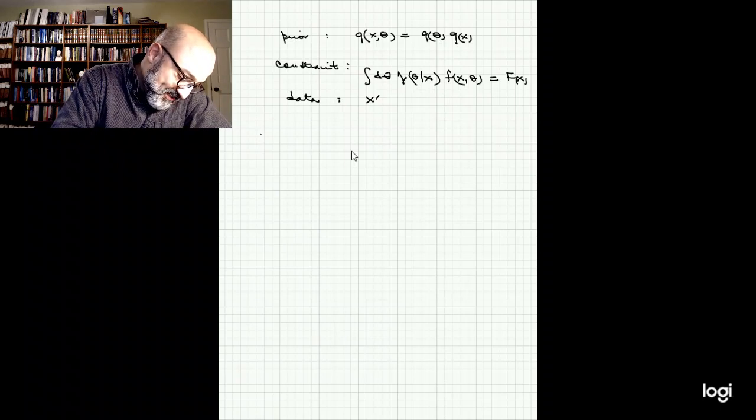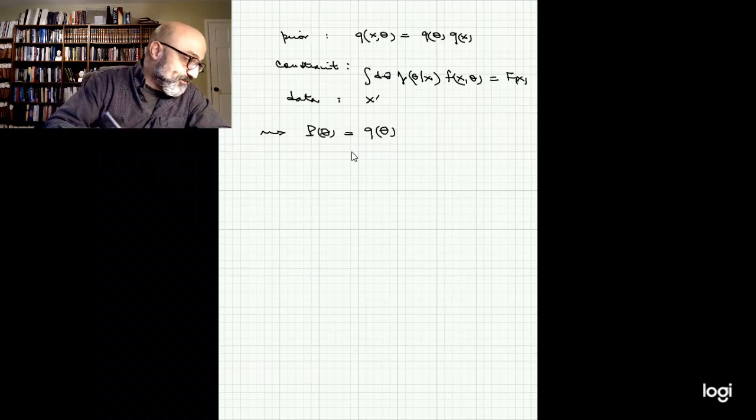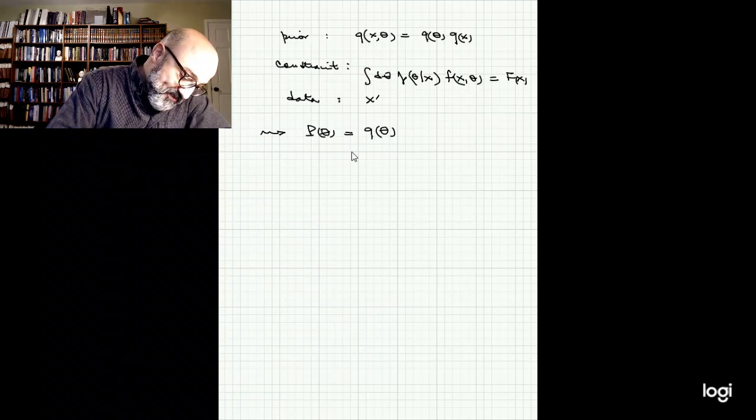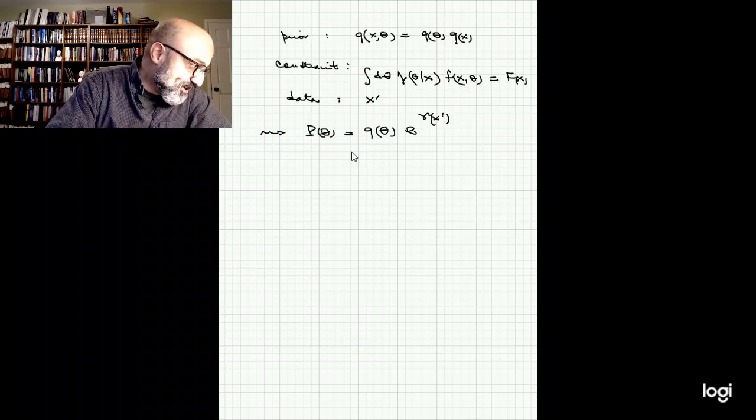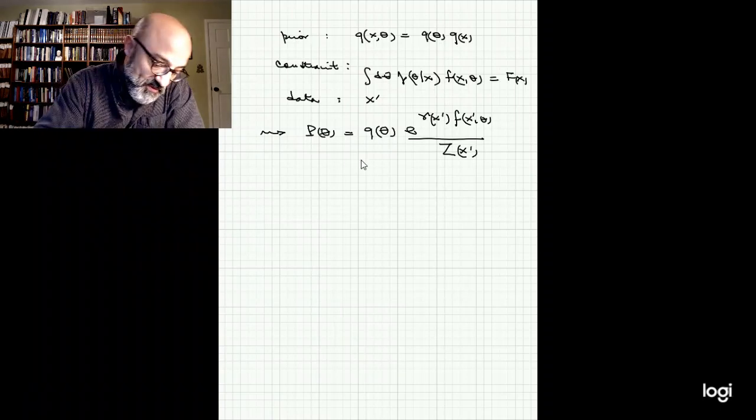And so under these conditions, the posterior for theta is going to be the prior for theta multiplied by a bunch of Lagrange multipliers that may depend on the data and so on, divided by a normalization that in this case may depend on the data as well.